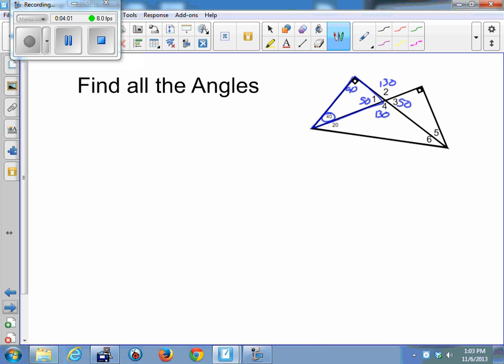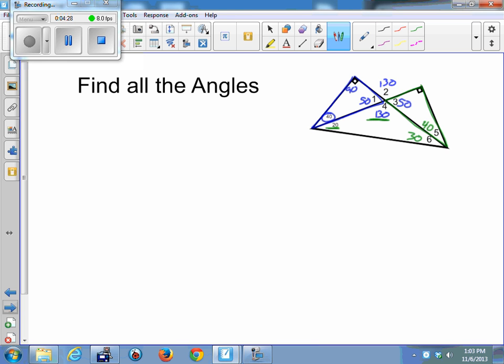Now inside of this triangle here that I'm highlighting, we have a 90, a 50, and this needs to be a 40. Now, angle 6 is the last one we need to find. And for angle 6, we have 20 plus 130, which is 150, so this one is going to be 30 degrees.